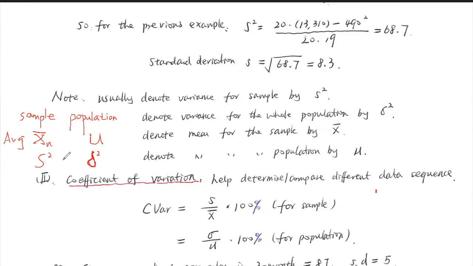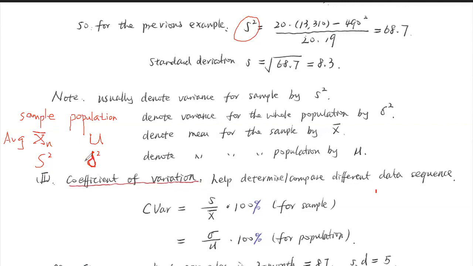But they are pointing to different concepts. Whenever you see S square, that's the variance, the variance for the sample. Whenever you see mu, they're talking about the population average, not a sample average. For the sample average, we should use X bar.